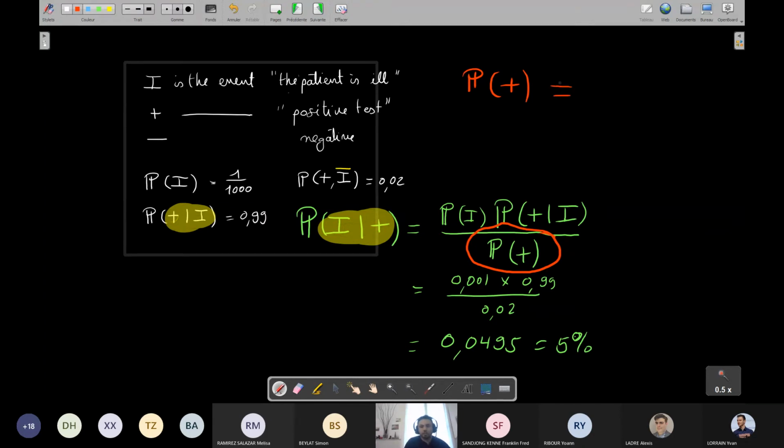Here we are going to use another formula we saw last class, which is the total causes formula.